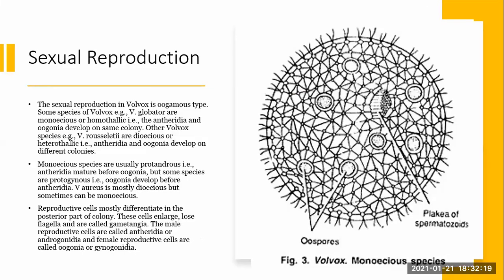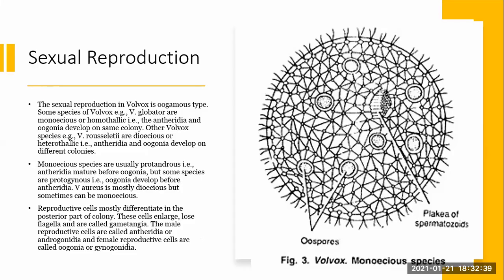Sexual reproduction. The sexual reproduction in Volvox is oogamous type. Some species of Volvox, for example Volvox globator, are monoecious or homothallic, that is, the antheridia and oogonia develop on the same colony.